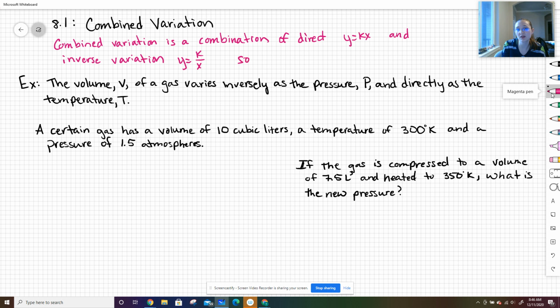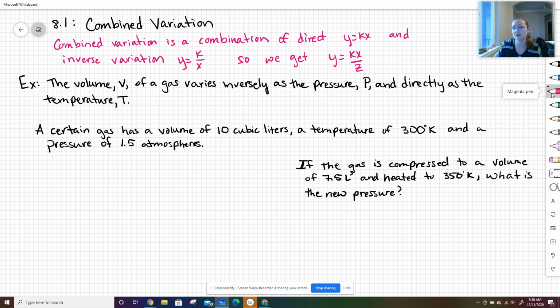So we end up with something like y equals kx over z. So there's both multiplication and division. All right.